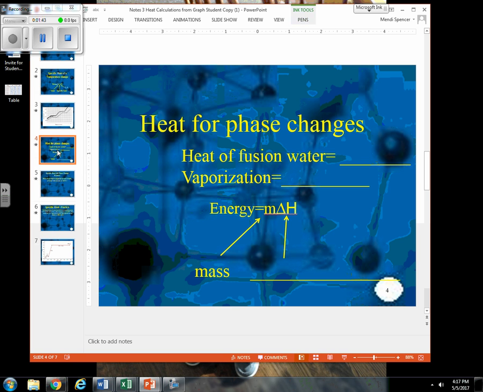Now, the most common one that you will work with is that of water. So the first type of phase change value you need to know is the heat of fusion of water. And when I say the fusion of water, I am talking about the phase change of a solid becoming a liquid.